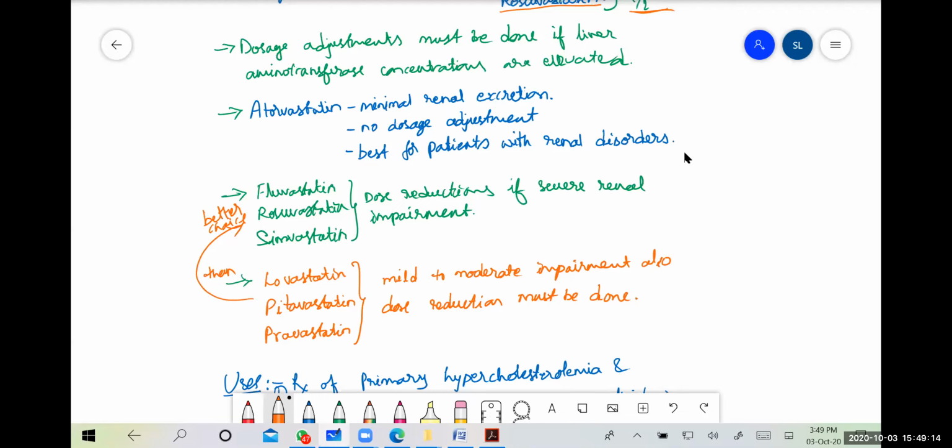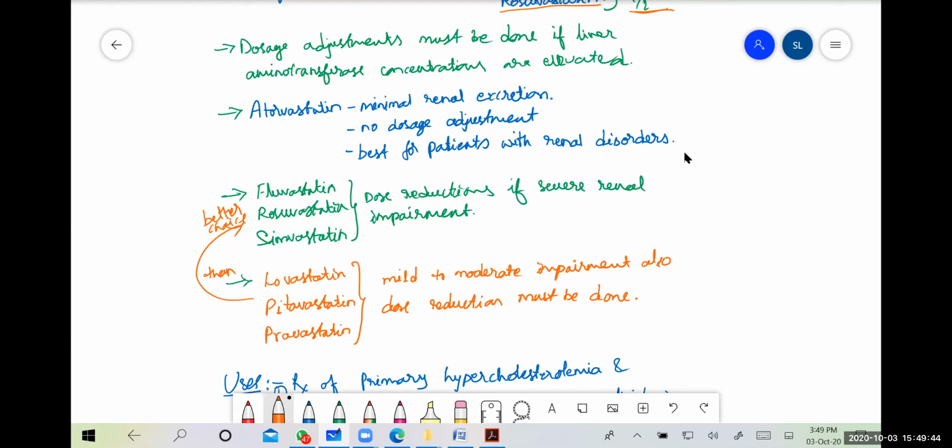Atorvastatin has minimal renal excretion. Why are we talking of renal excretion here? Because for those compounds which are excreted through the kidneys, we have to make dose adjustments based on kidney function. Atorvastatin has the least effect, as it is not excreted by the kidney.